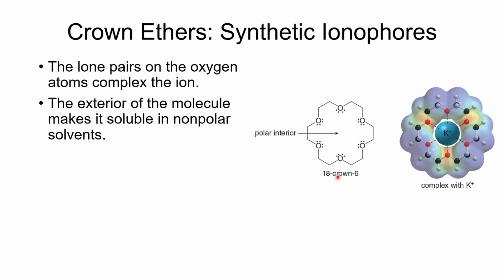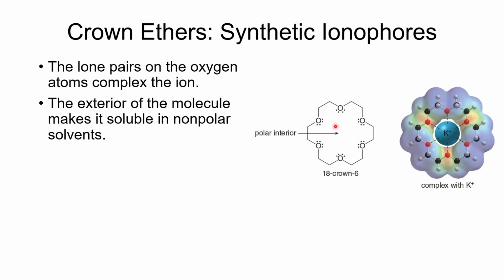If you do the 15-crown-5, where you have 1 fewer link here, so you have 1 fewer oxygen and 2 fewer carbons, you end up with one that is pretty selective for sodium. And if you go down to 12-crown-4, you have one that's pretty selective for lithium, which is pretty cool.